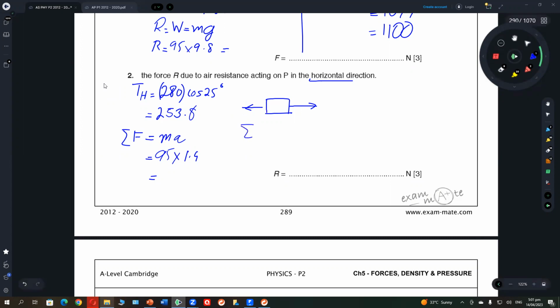Resultant force is always equal to greater force minus smaller force. Let it be X. What is this, 95 into 1.4? It is 133.